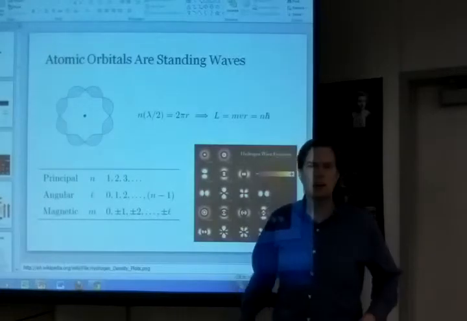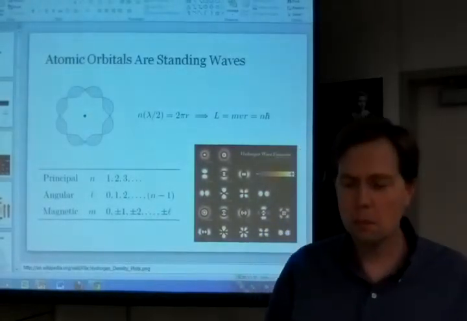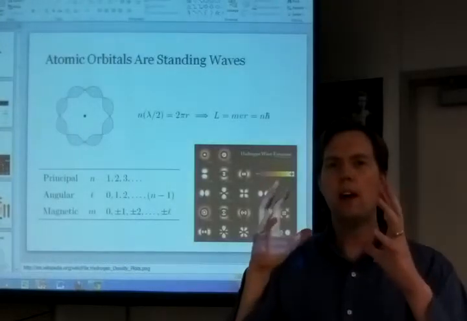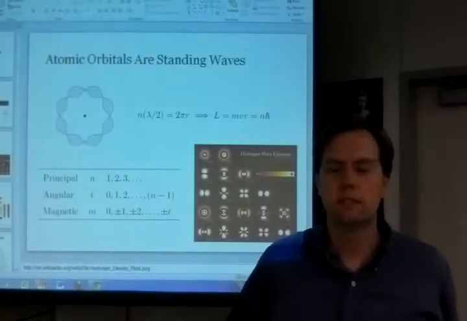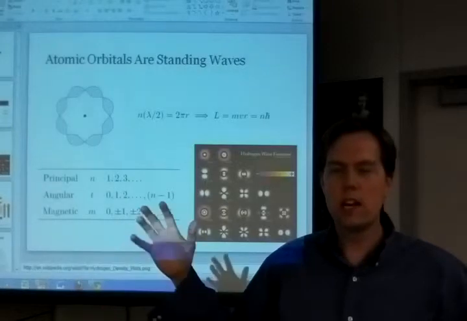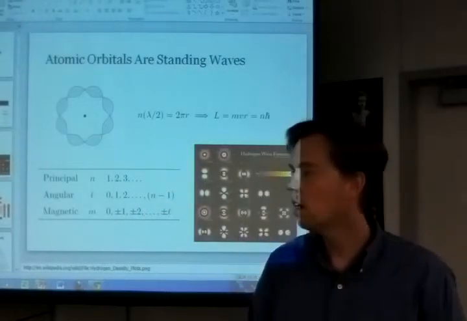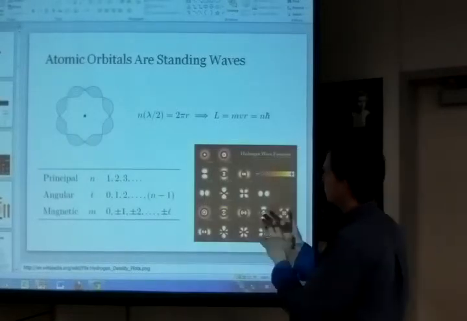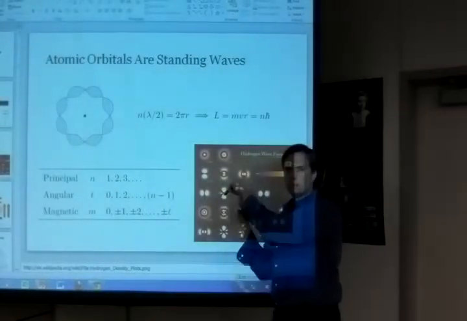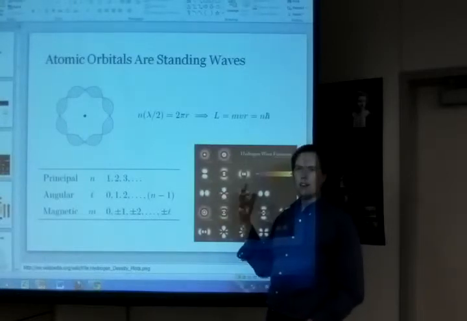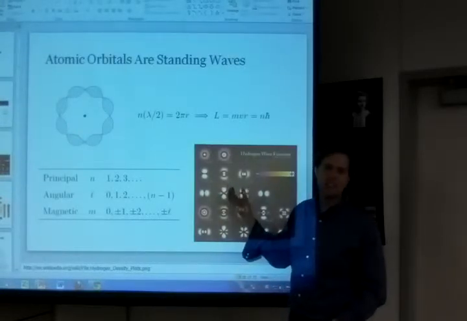What about the magnetic quantum number? The magnetic quantum number tells us whether or not that pattern is spinning. Now, I know I told you to not think about these orbitals as moving, that they're actually ringing. But because there's a certain symmetry here, we can have a spin and the pattern stays the same.